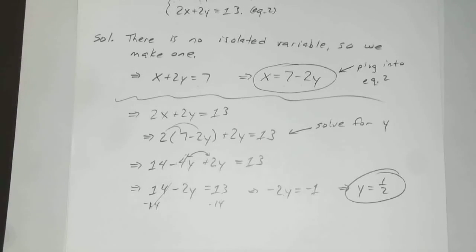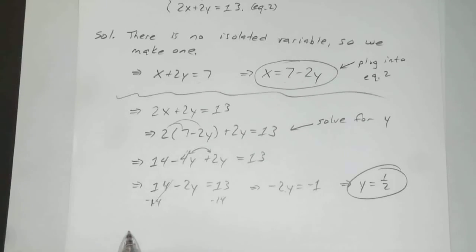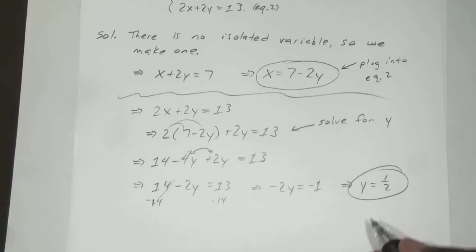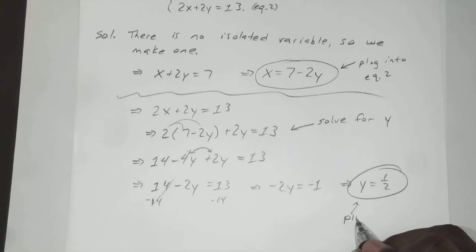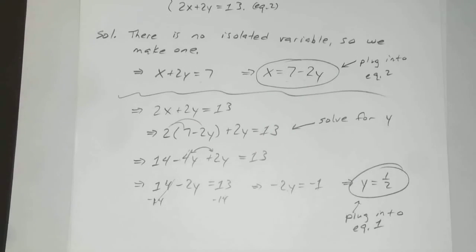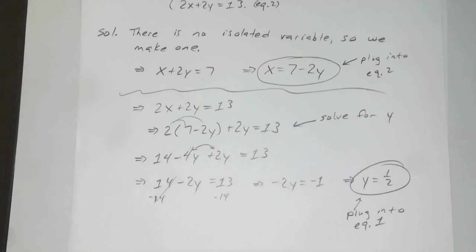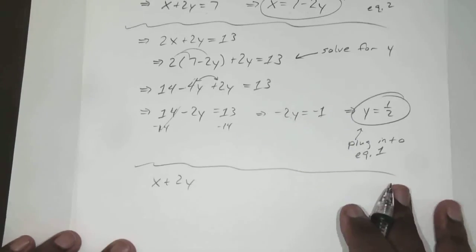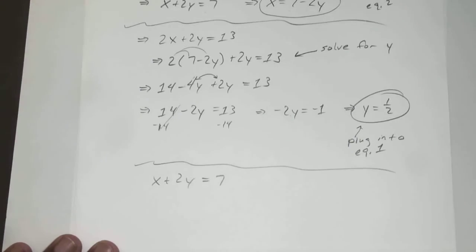Okay. So since we know y is equal to 1/2, we can just plug that into either one of our equations. Plug it into equation 1 since it's a little bit easier than equation 2. Okay, so x plus 2y equals 7.